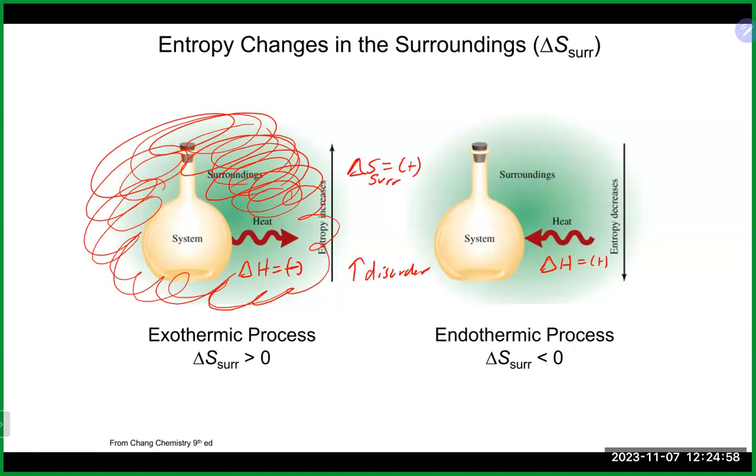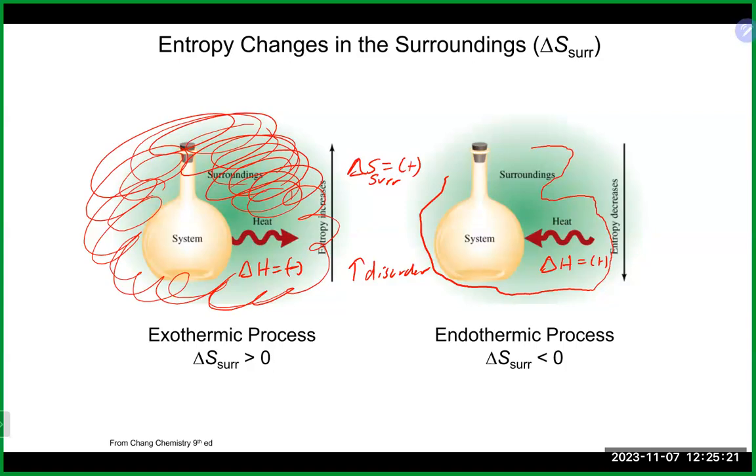The opposite is true here. If we have heat coming out of our surroundings, everybody in the surroundings is going to have a lot less energy, so they're going to be moving around a lot slower. That's going to create more order, because they're not flying around as fast.